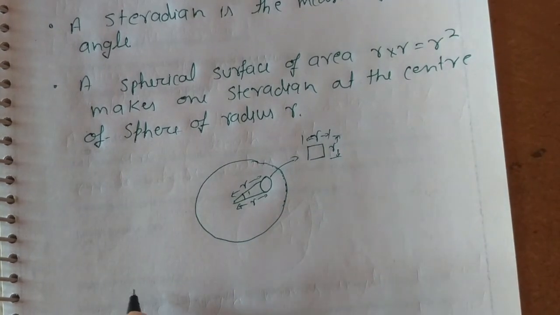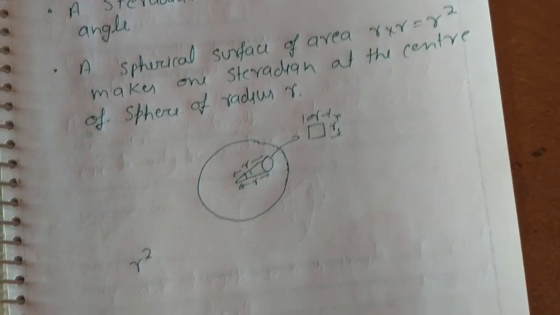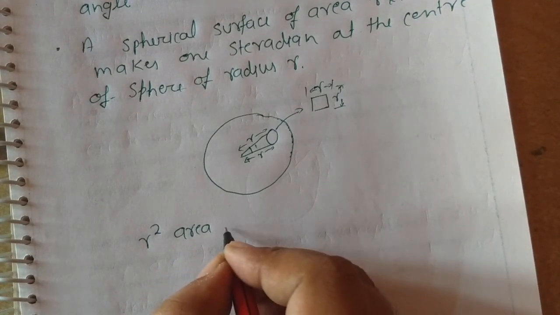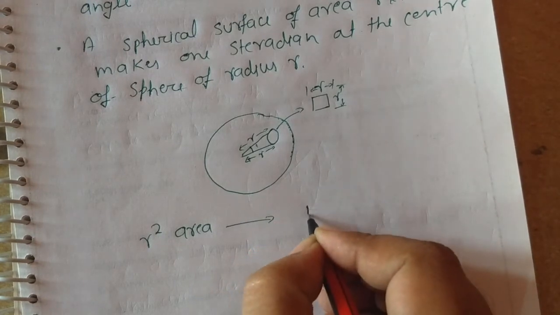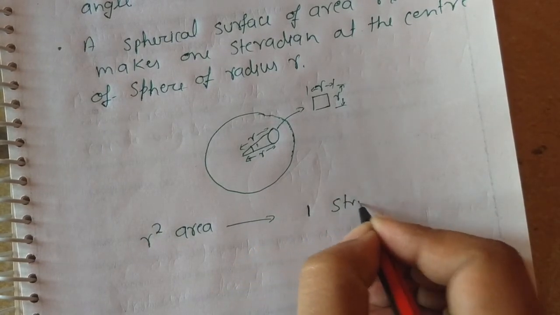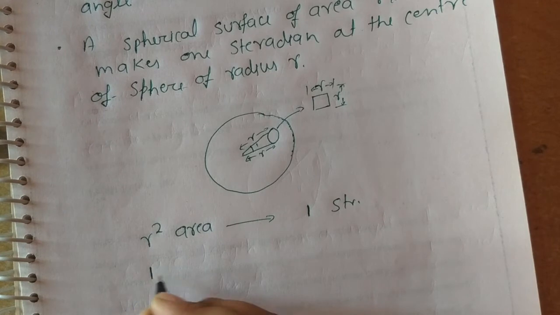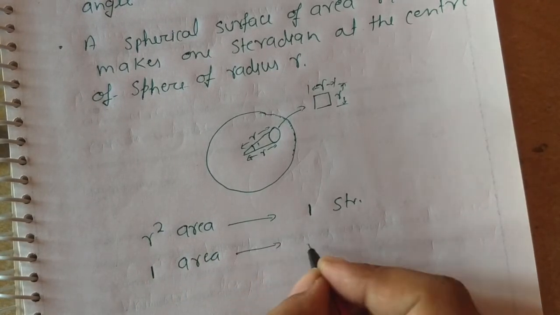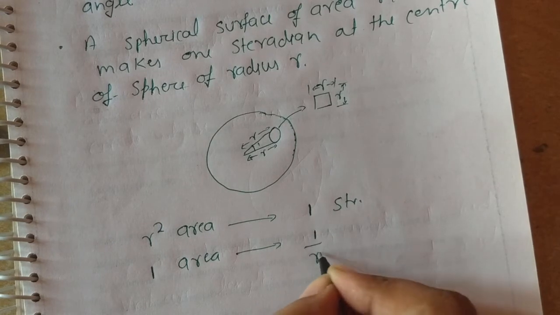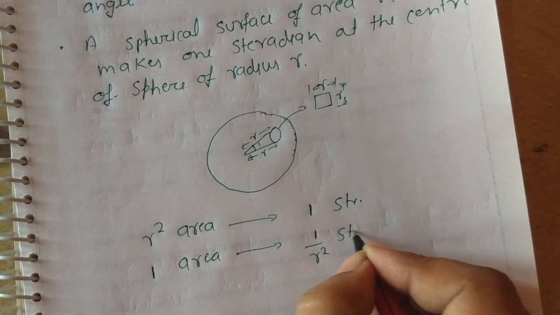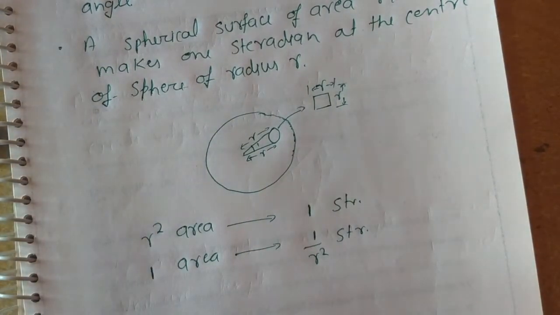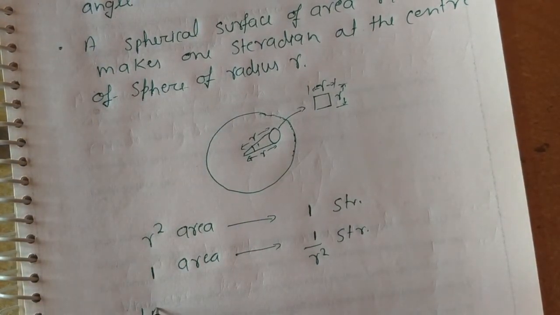So we can write here r square area makes an angle of 1 steradian. So unit area makes an angle of 1 divided by r square steradian.